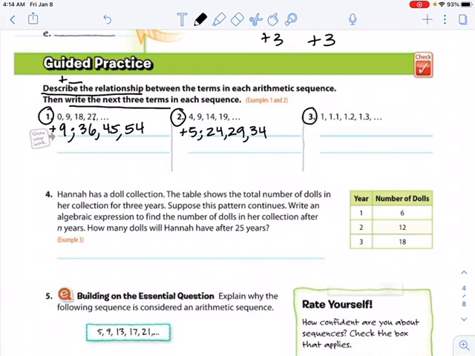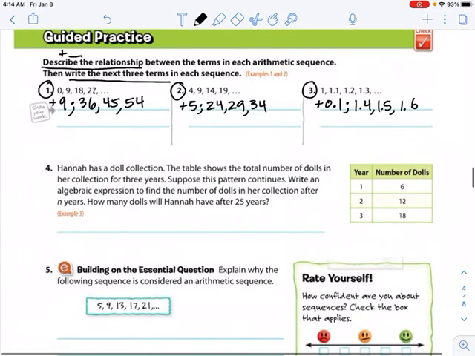And then go to number 3. For number 3, the relationship is that we're adding 0.1, or if you guys just write 0.1, that's fine. And then the next 3 terms would be 1.4, 1.5, and 1.6.